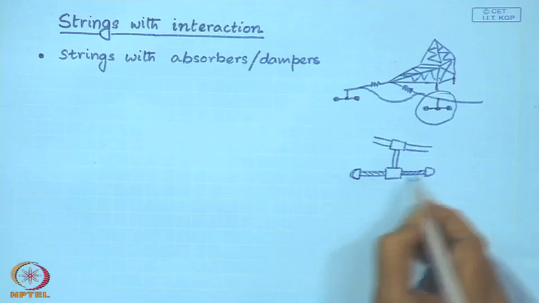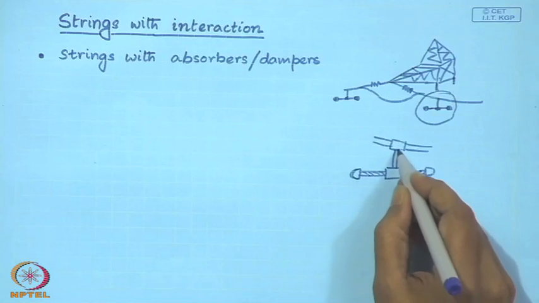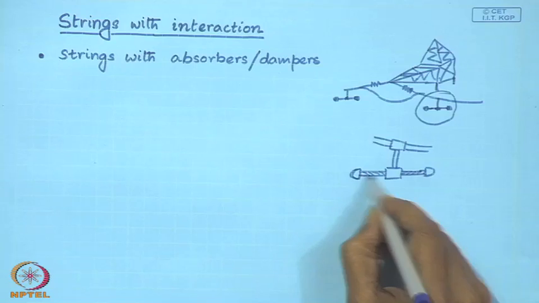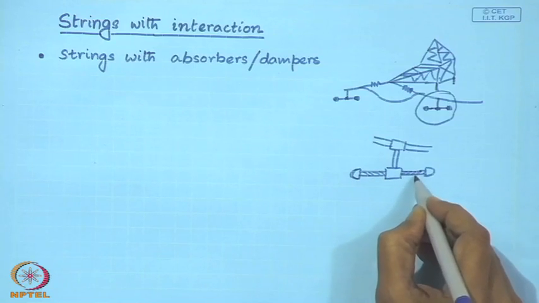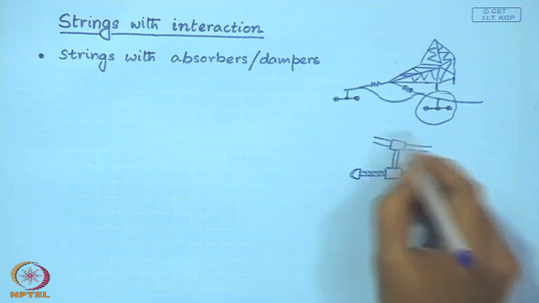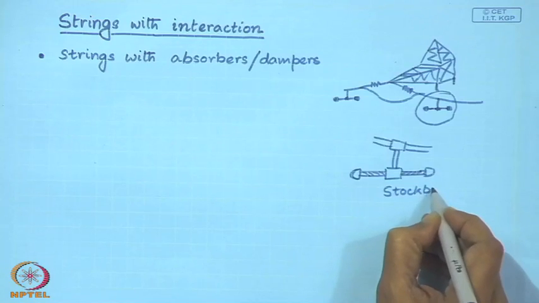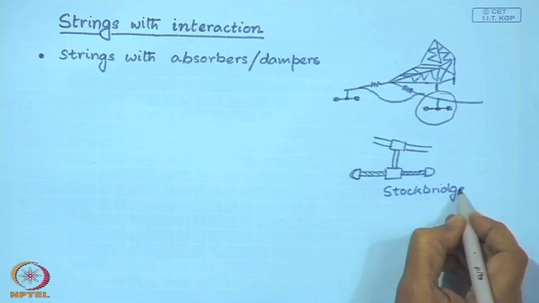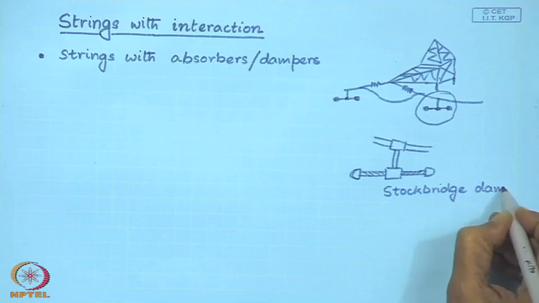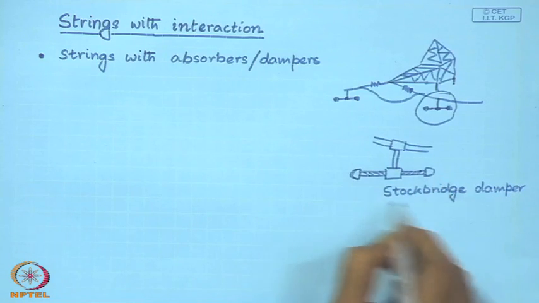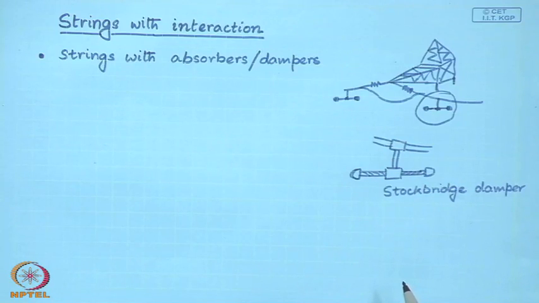Here are some masses, and this is the cable, and here there is a multi strand cable which acts like a spring and a damper. This is called a Stockbridge damper. So, this is an example of a string interacting with a damper.